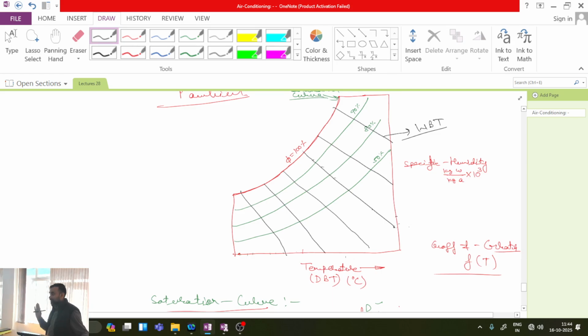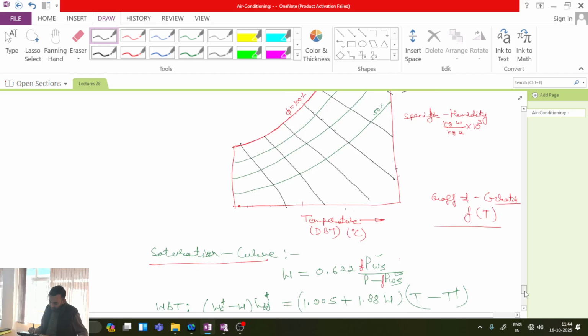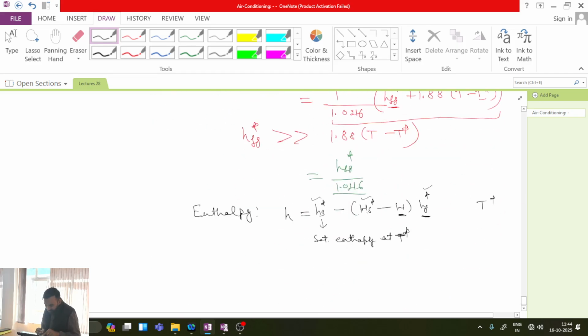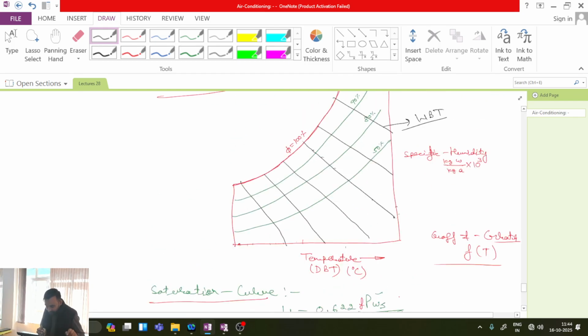Is this point clear? So as your value of W is decreasing, this difference of WS star minus W, what is WS star? WS star will be this value for this line.